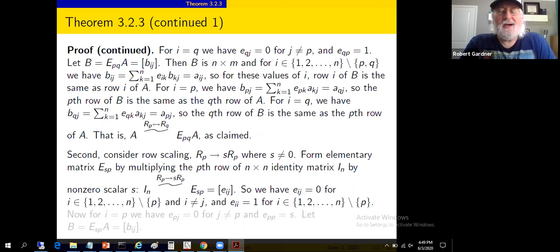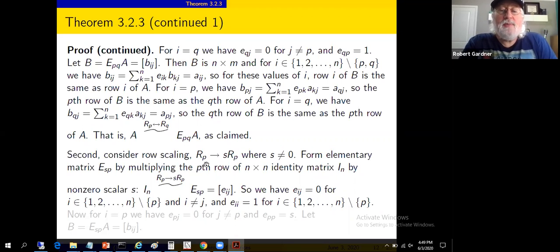We could probably have, if you took S to be 0 and you followed the same protocol, forming an elementary matrix, E sub 0 P, I might call it. I think it'll work in that case as well, but we don't count that as an elementary row operation, so it doesn't become part of the conversation.